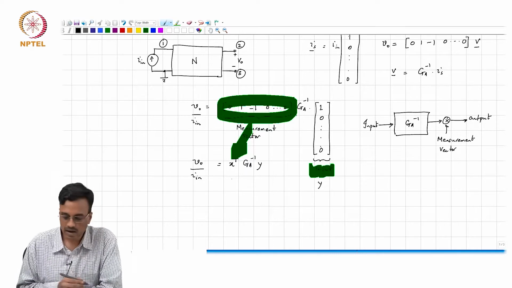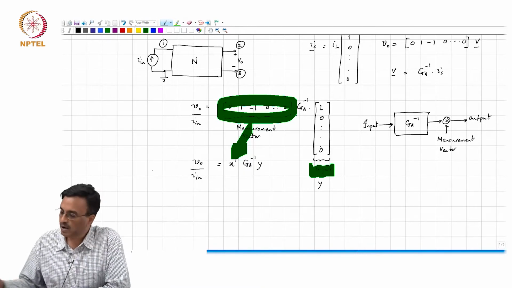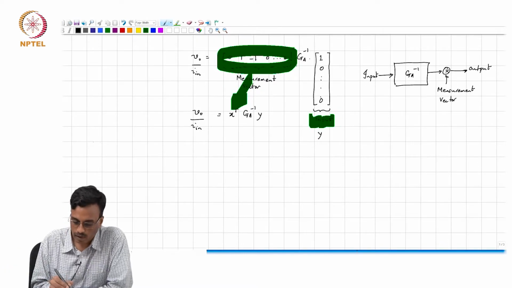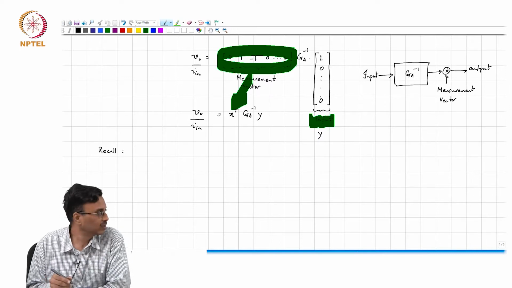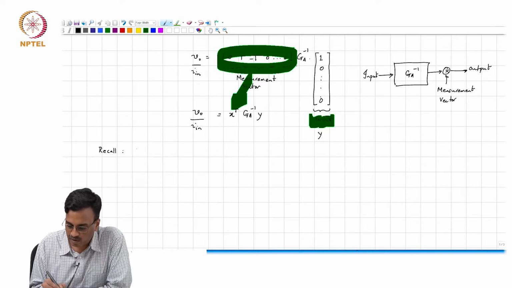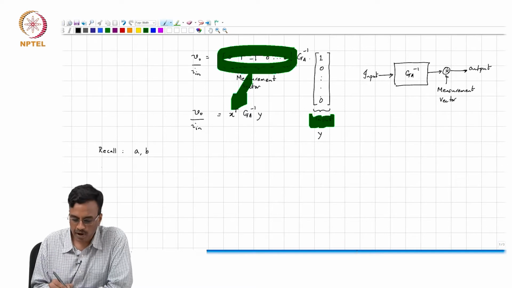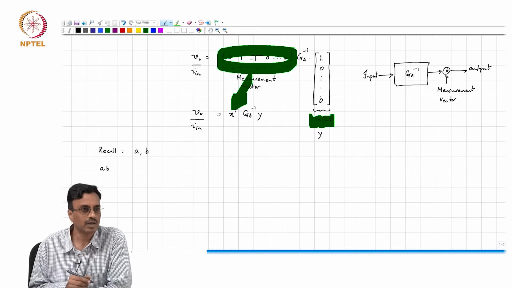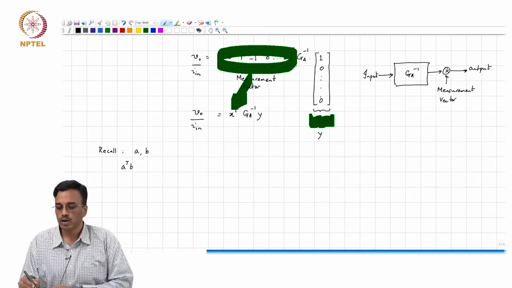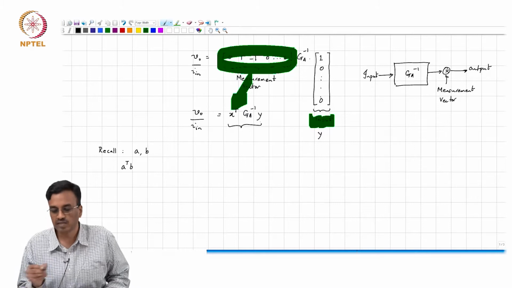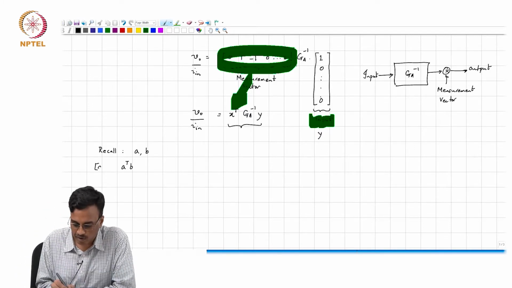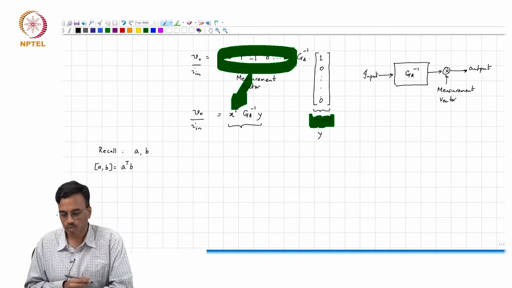Remember that if you have two column vectors with the same length, let's say A and B, the dot product of the two vectors, A dot B, is nothing but A transpose B, correct? And you look at this here, and this is the notation for dot product.